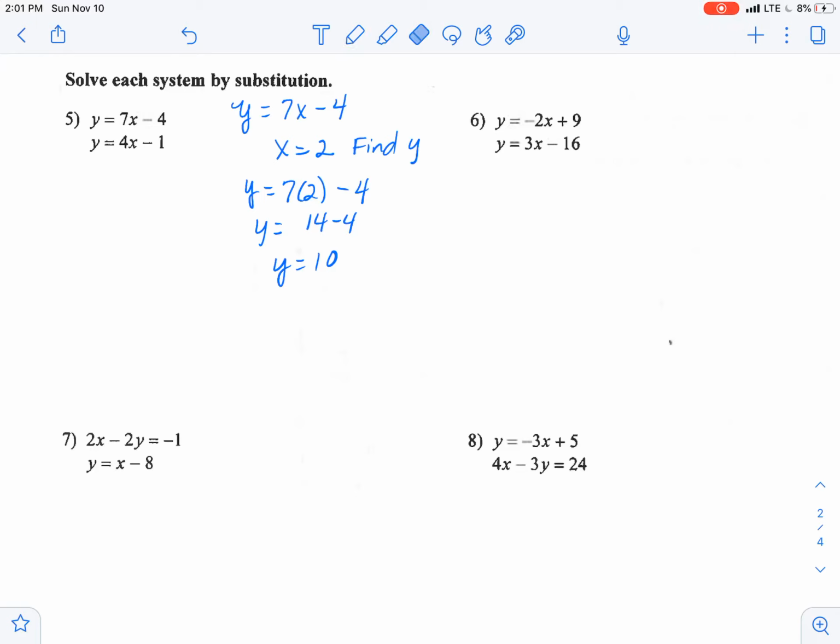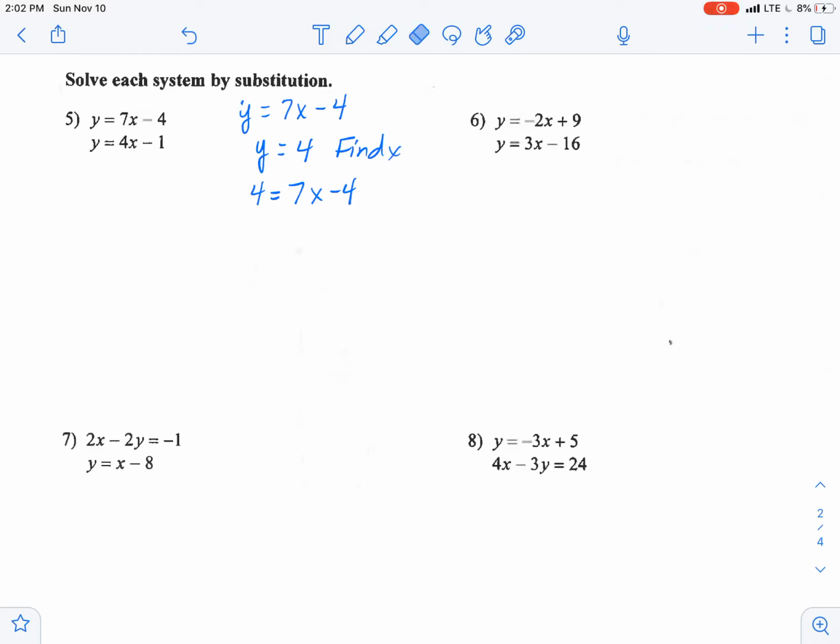Now, the other thing that we could do on here is I could tell you, okay, if y was, let's say, 4, and I want you to find x. So if y is 4, then we would put the 4 for the y, and then we would solve. Okay?